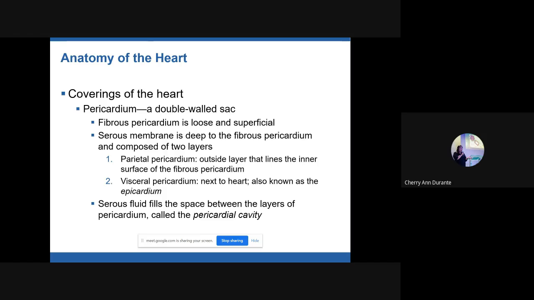So may mga pagkakataon na yung fluid na nandyan, dumadami, just in cases of patients having excessive water volume. So pag nangyari yon, meron kang risk for pericardial effusion. Dapat yung fluid enough lang. Pag tumataas, nagkakaroon ka ng pericardial effusion.